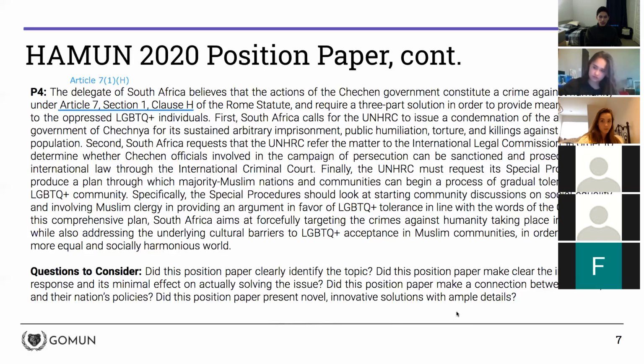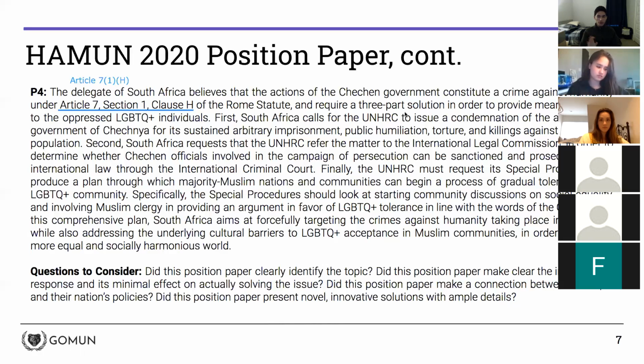Yes. Yes. So let's go a bit further with that. The way that we write the fourth paragraph is first we establish what the country wants to happen. So the delegate of South Africa believes that the actions of the Chechen government constitute a crime against humanity under Article 7.1h of the Rome Statute and require a three-part solution in order to provide meaningful relief to the oppressed LGBTQ plus individuals.